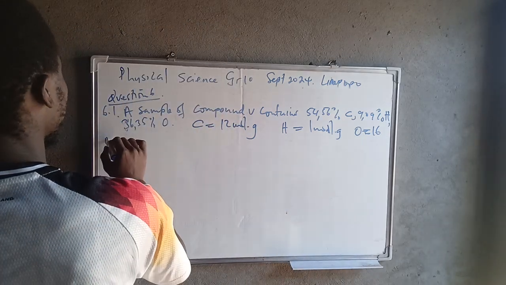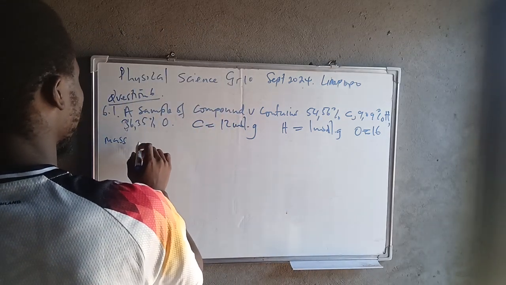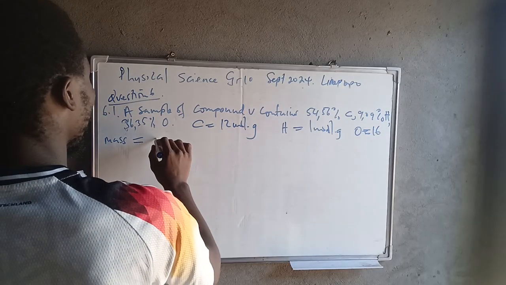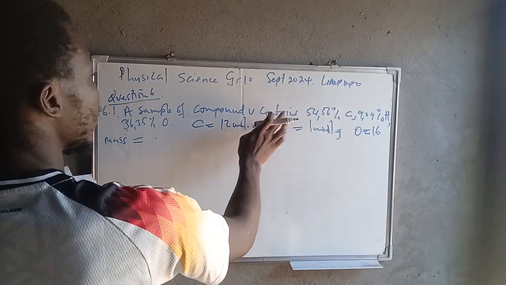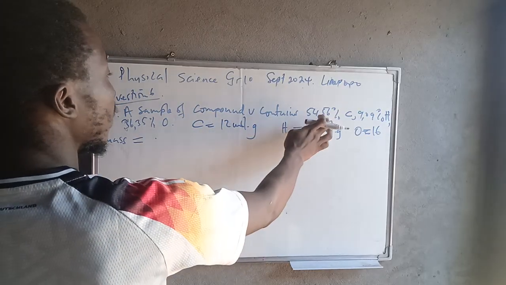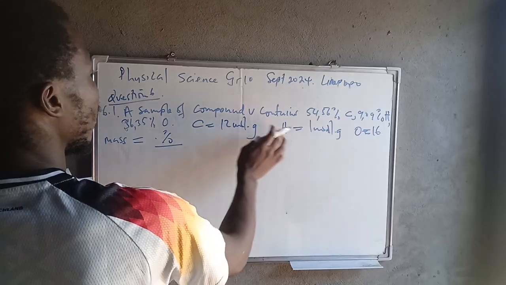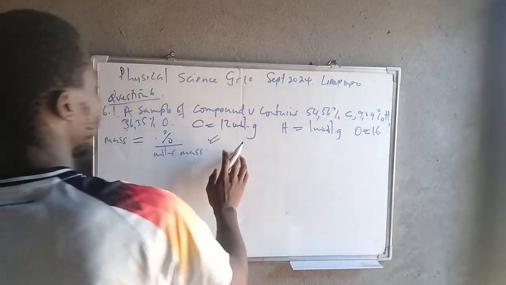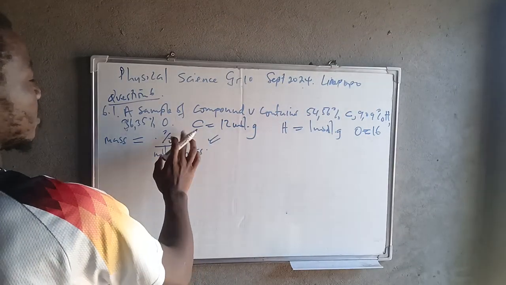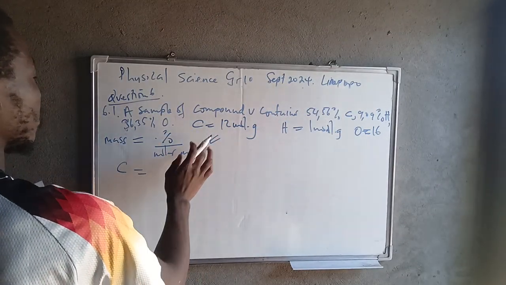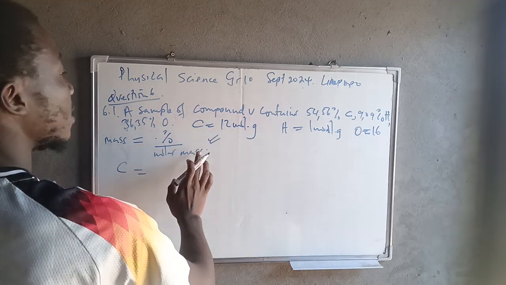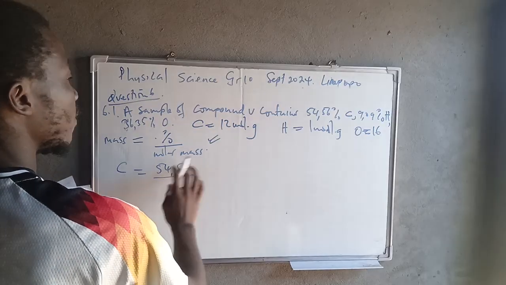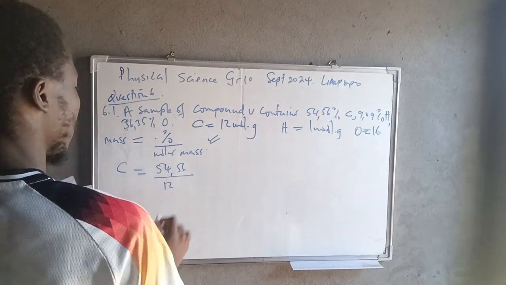So now to find the moles, we say percentage given over molar mass. This is the formula that we are using. If we start with carbon, it is 54.56 over 12.